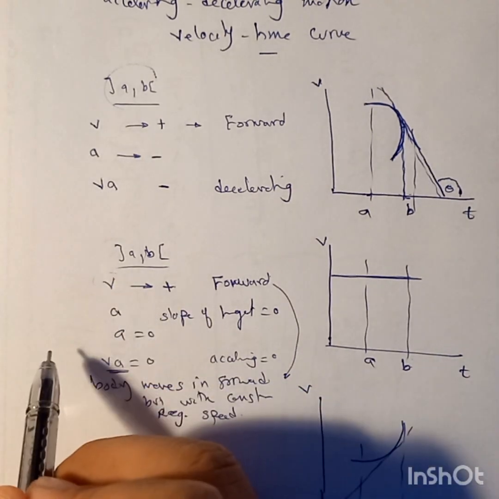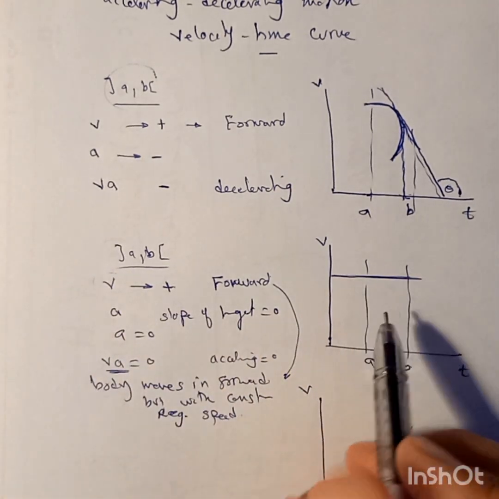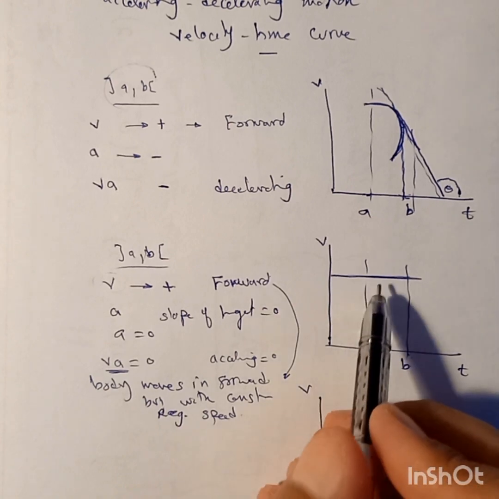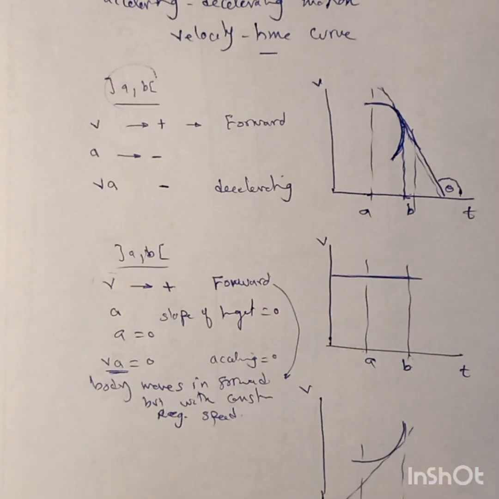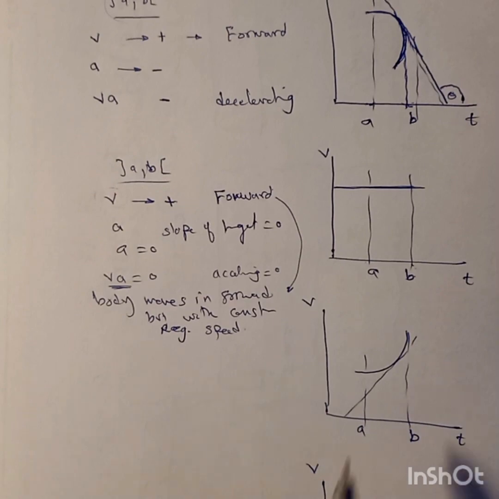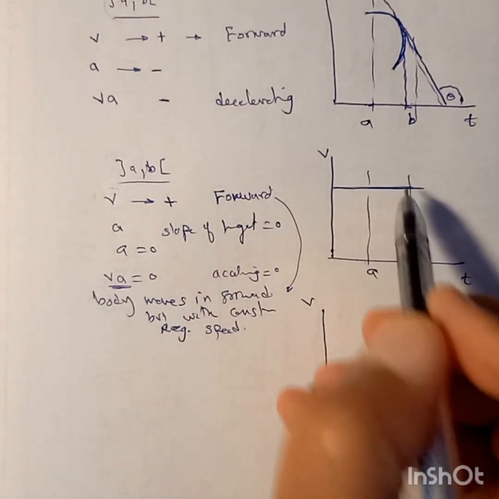Then v is constant. So for this curve during time interval a and b, the body is moving forward with constant speed, or regular velocity.